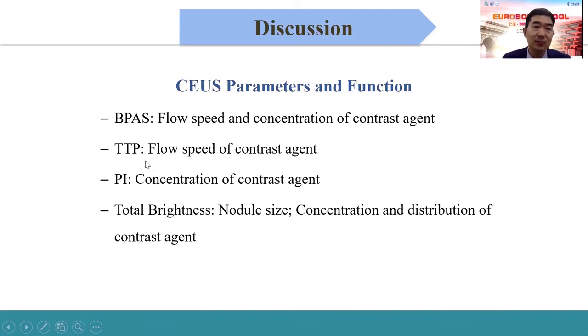Because all of these parameters could represent the characteristics of blood vessels and contrast agent, they could be used to reflect the function of SHPT nodules.